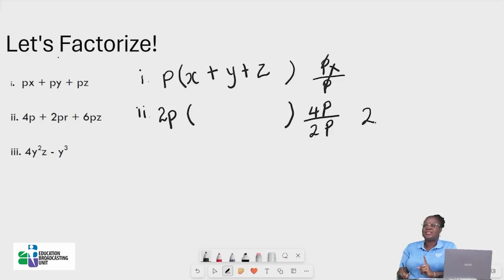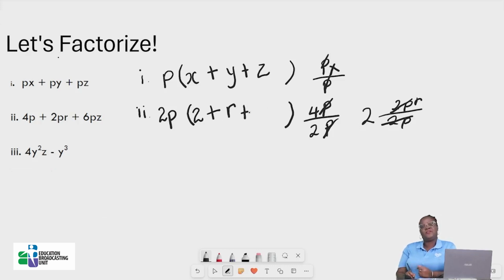But since we already have a p outside, and our p's are cancelled, we only need to write the 2. Plus 2pr. Keeping the same rule, our 2p cancels out the 2p, and we are only left with r.